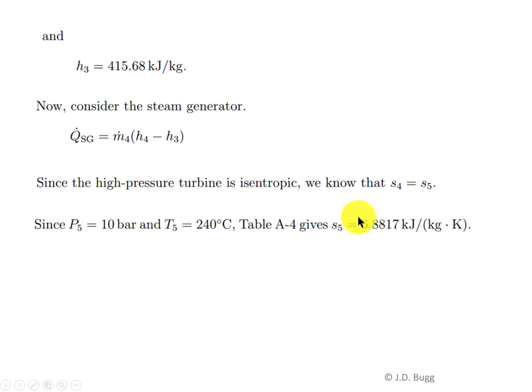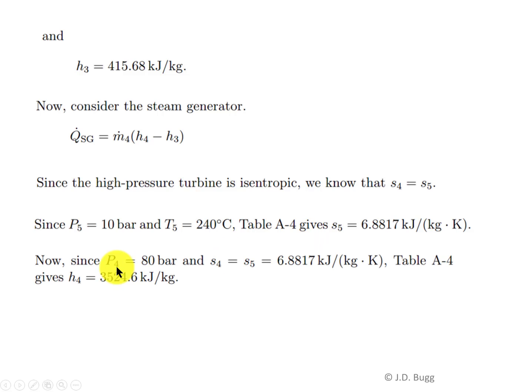So now we have two properties at 0.4 that we can use to get the enthalpy. So with a pressure of 80 bar and an entropy of 6.8817 kilojoules per kilogram Kelvin, table A4 tells us that the enthalpy at 0.4 is 3524.6 kilojoules per kilogram. So now we're ready to finish off this calculation of the heat transfer rate into the steam generator.